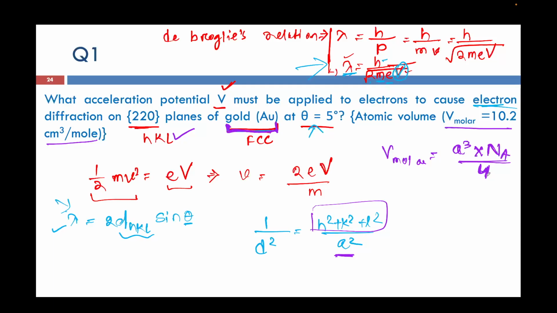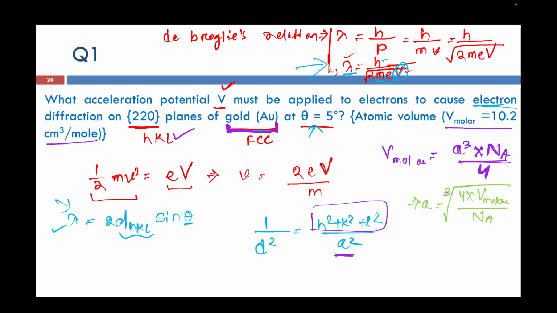So now I will see whether all these things are given or not. Now a will be, I am writing, 4 into V molar divided by Na, that means Avogadro's number, square root of 3.